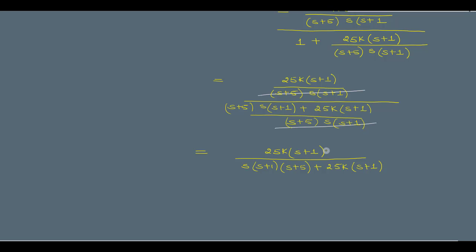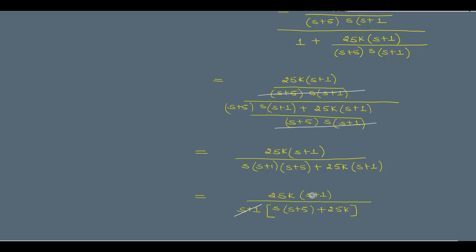Now since we have S plus 1 in numerator and S plus 1 in denominator, I can take S plus 1 as common. So it will be 25K into S plus 1. I will take S plus 1 common in denominator. So it will be S plus 1 in bracket, it is S into S plus 5 plus 25K.